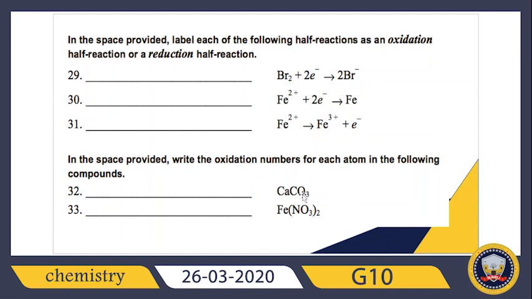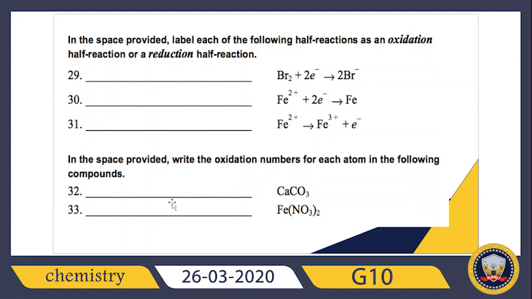Oxygen, each atom minus 2. O3, so it will be minus 6. Minus 2 multiplied by 3, so minus 6. Calcium here is plus 2. The whole must be 0. So carbon should be plus 4. Why? Plus 2, plus 4, plus 6. Oxygen minus 6, so all is equal to 0. So for each atom, be careful. You write calcium plus 2, carbon plus 4, oxygen minus 2.